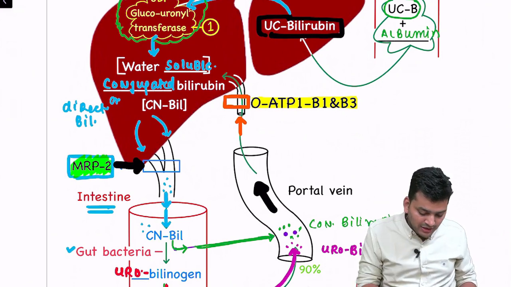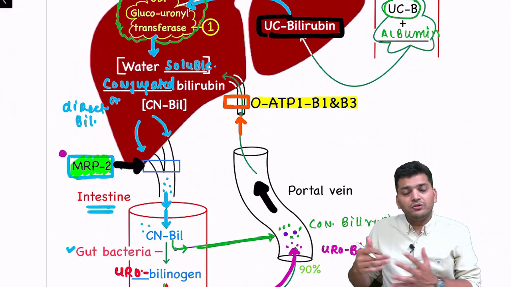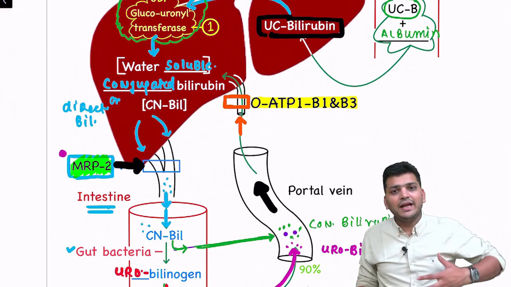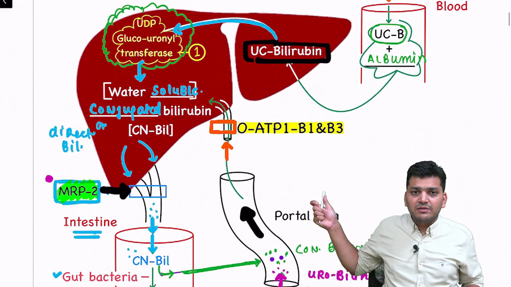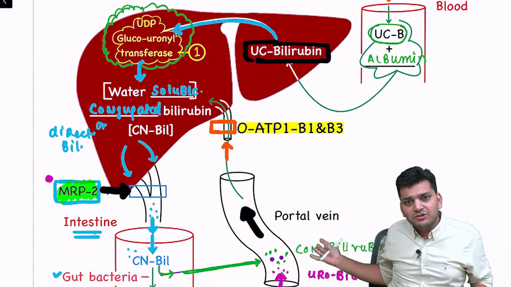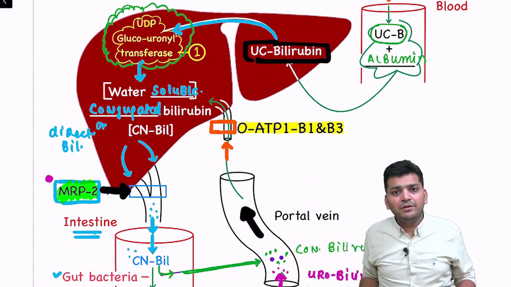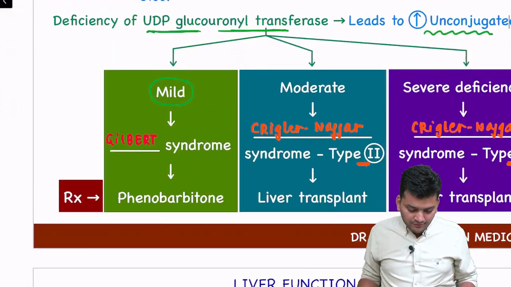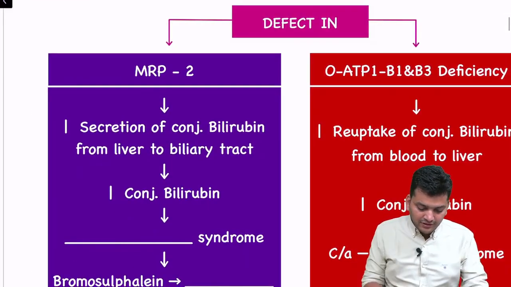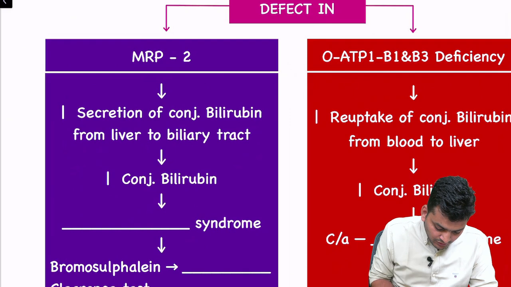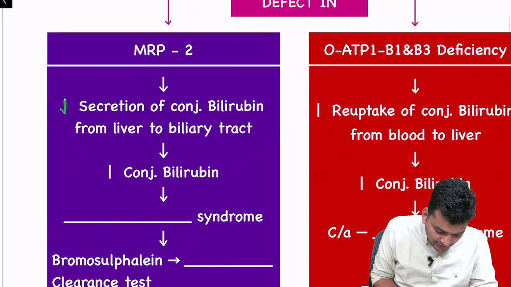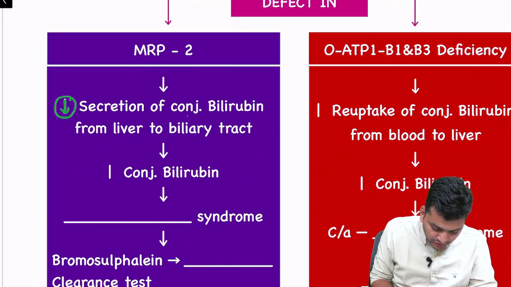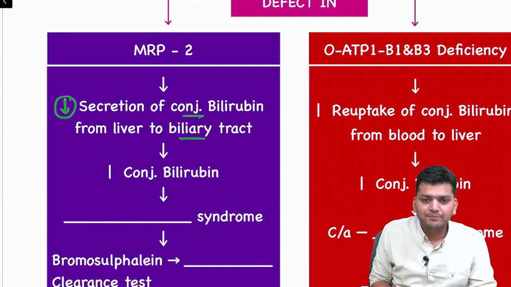If there is a problem in the MRP2, the conjugated bilirubin cannot come out from the liver and will increase. And if there is a problem in the ATP channels, again the conjugated bilirubin reuptake will not happen, and the conjugated bilirubin can build up. So, if there is a defect in the MRP2, there is going to be a decrease in the secretion of the conjugated bilirubin in the biliary tract.